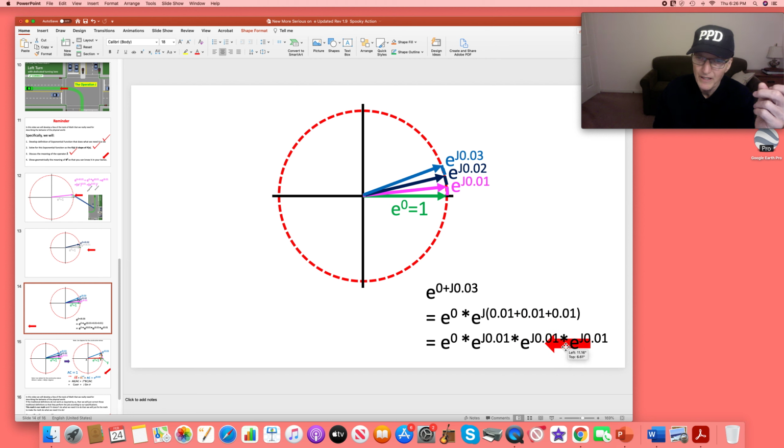E to the 0.01 is the magnitude, and j is the direction, so we start with this one now, the second term, and we do that same amount. Then down here, times e to the same thing, j 0.01. So now you're operating on this vector at a 90-degree angle. You're going along that circle again, and that lasts the same increment, e to the 0.01. There is the geometrical vision of what this is doing.